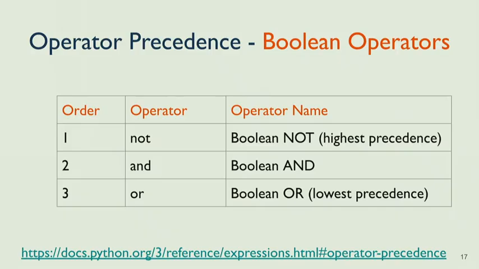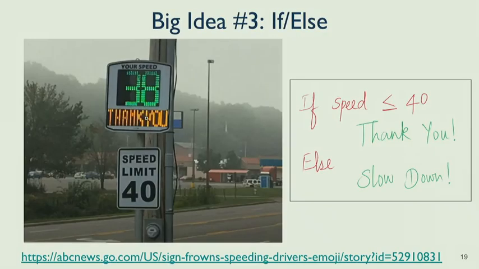Then you have the and. Okay? And is the second most important. So as soon as you see an and, if you don't see any nots, and is the next thing you're supposed to do. Then lastly, or. Or is the lowest priority. Because it's a lot easier to get true with ors. Harder to do with ands. And then nots will just flip everything on its head. Okay? Let's do a couple of these just to see what it looks like.